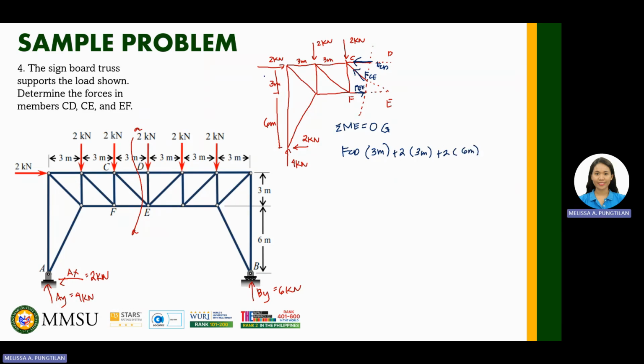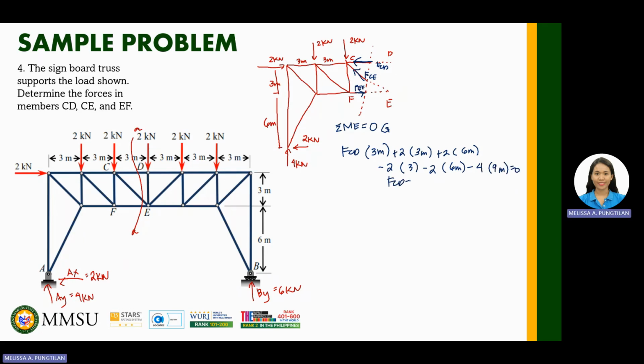And the next, yung horizontal natin, clockwise. So, minus 2 kilonewton by 3 meters. Tapos, the support reactions, minus 2 kilonewton by 6 meters. And then, 4 kilonewton naman, minus 4 by 12. Ay, no, 9. 3 tapos 3. So, 9 meters is equal to 0.